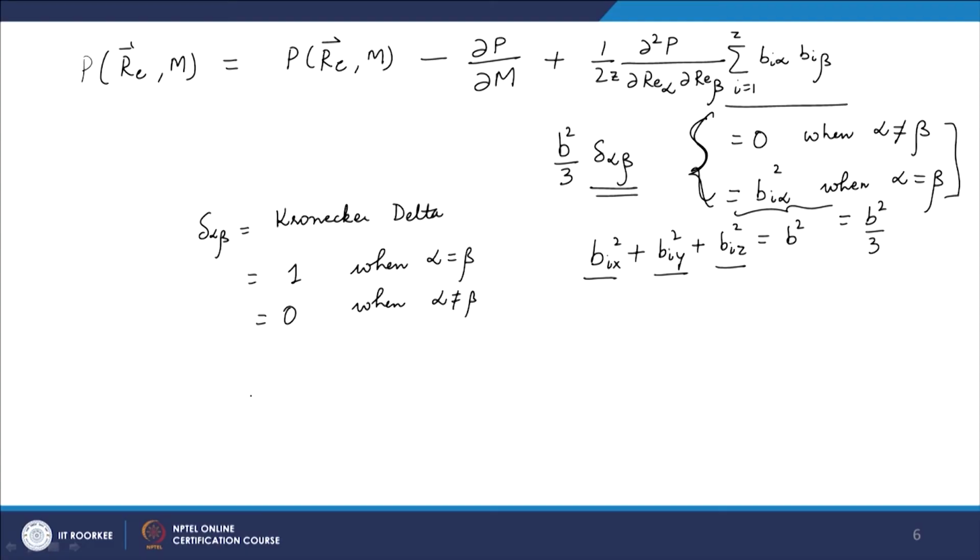Okay. So, now if I just do this, what I will end up having is, you can see here, there are cancellations, and then what essentially you will get is minus of dou p by dou m plus something like b square by 6.